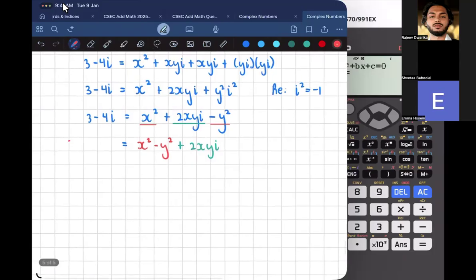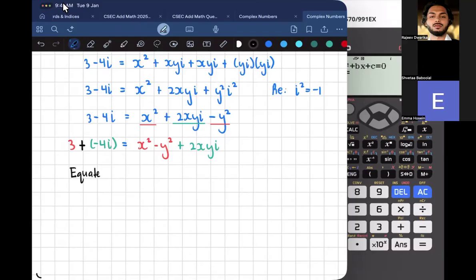Is it possible for me to write 3 minus 4i as 3 plus minus 4i? Is that legal? Yeah, that's legal, because a positive times a negative would just be negative 4i anyway. So that's fine. Now we're going to equate the real and the imaginary parts.